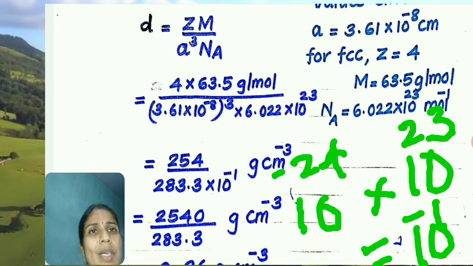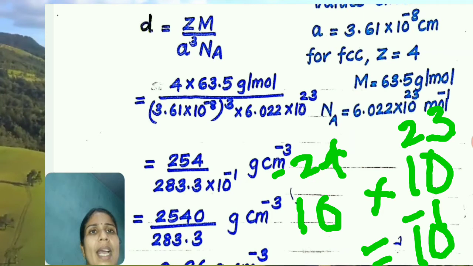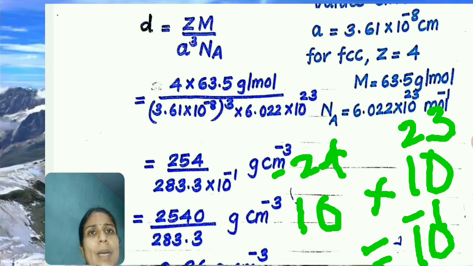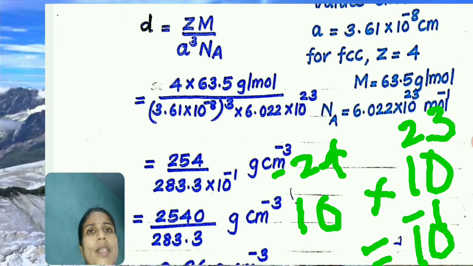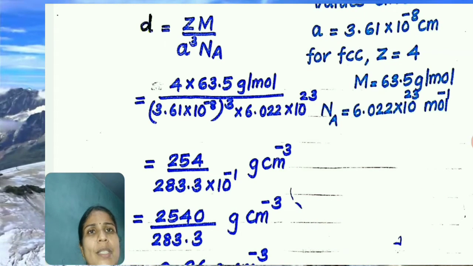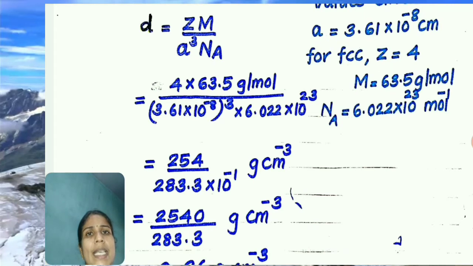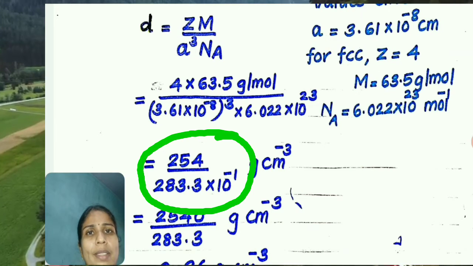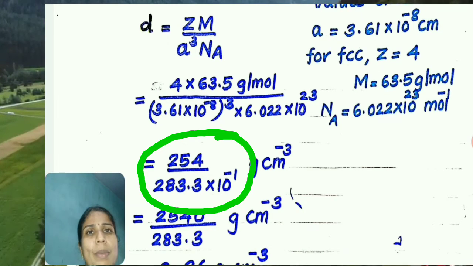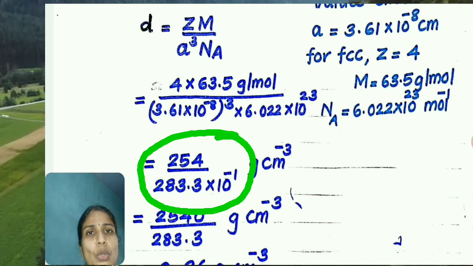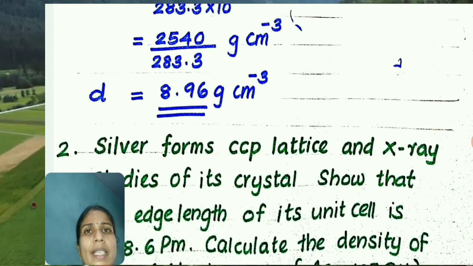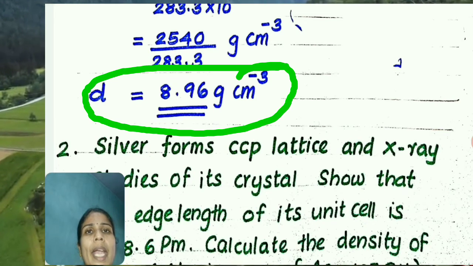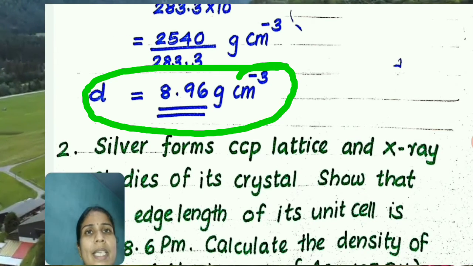From minus 24 and 23, this becomes cancelled and we get 10 raised to minus 1 only. Then 3.61 the whole cube into 6.022 is equal to 283.3 into 10 raised to minus 1 gram per centimeter cube. Then on solving this value, we get density D is equal to 8.96 gram per centimeter cube.